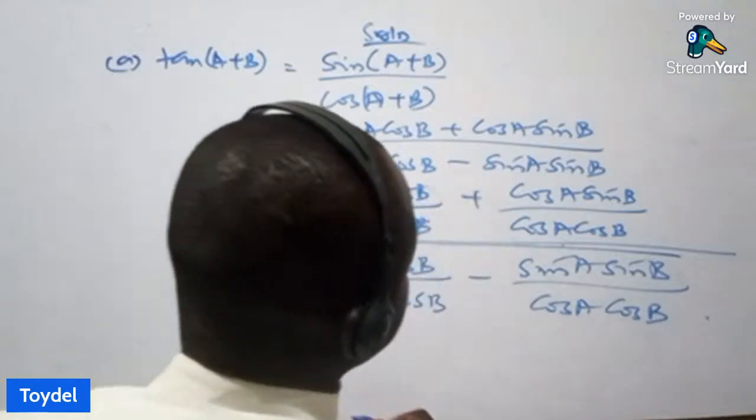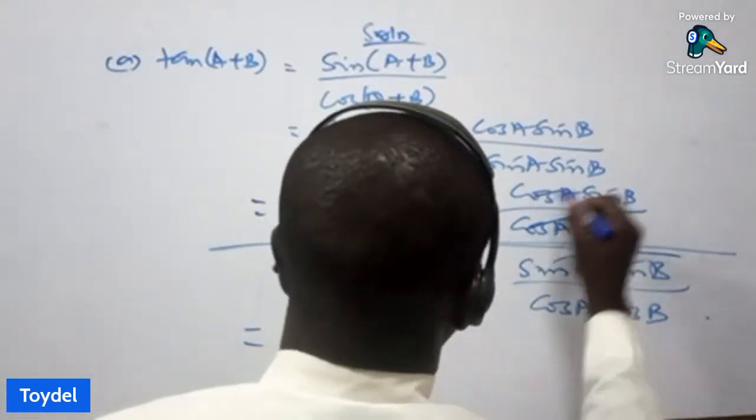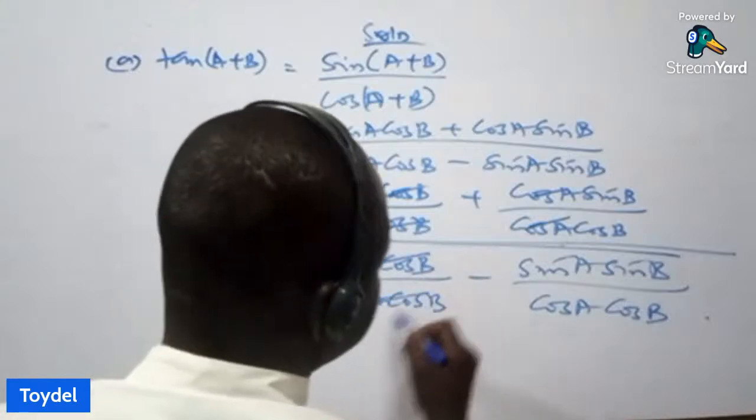Cos B will cancel cos B, cos A will cancel cos A.